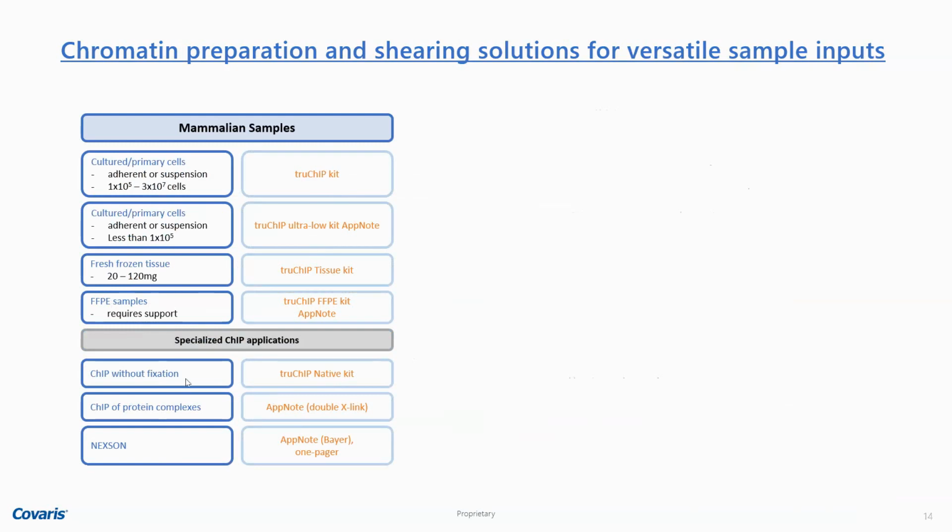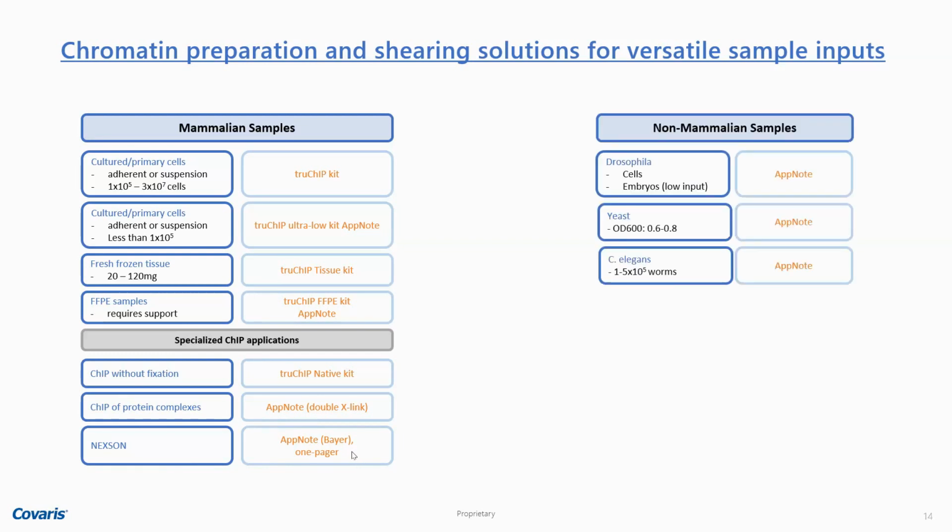For native ChIP, we also have a kit. And if you want to work with protein complexes, I can provide you an application note for double cross-linking. We have lots of literature about the next one, and I also presented to you the application of this layer, which involves another sucrose purification step for the nuclei.